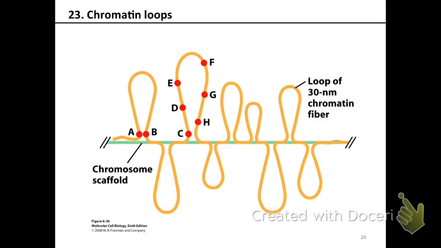So what people have done is they made probes to different regions of the chromosome. Let's say the region A and B and C and D, E, F, G, H. Okay? And they hybridized the chromosomes with these probes.